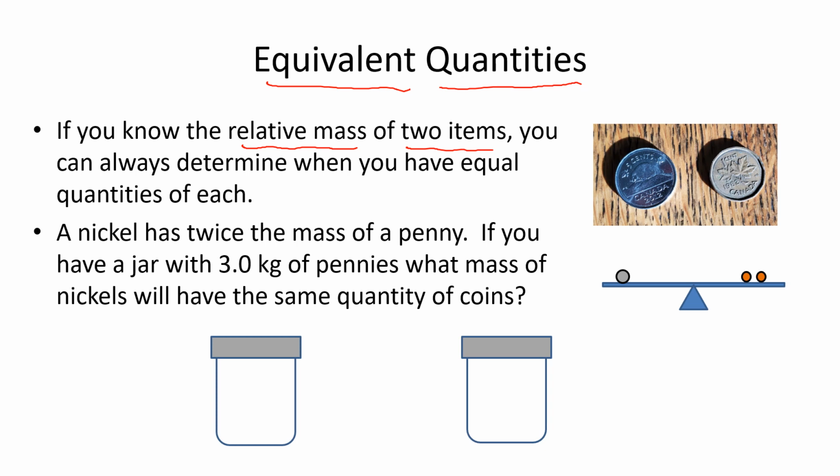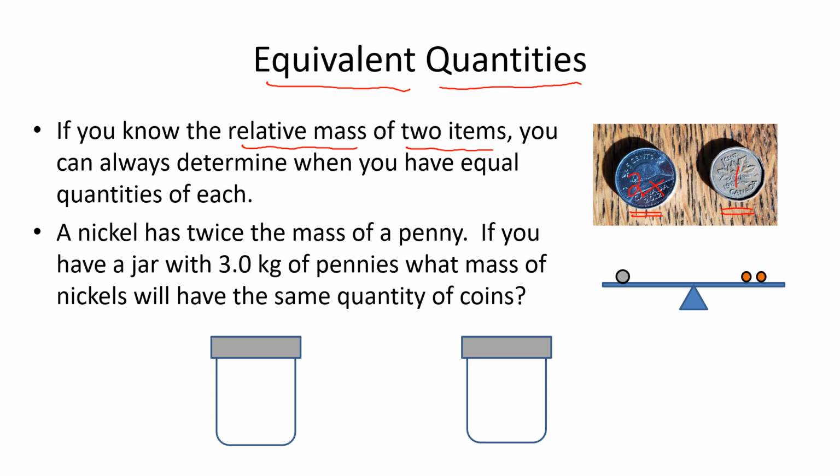Let's say that we've measured a penny here, and we know that by putting them onto a balance that a nickel here has 2 times the mass of a penny. And so what you can do with that information is you don't need to actually know how much a penny actually weighs or a nickel actually weighs to be able to come up with equivalent quantities of pennies and nickels. All we need to know is that little bit of information about the relative mass of the two particles, of the two objects, right?